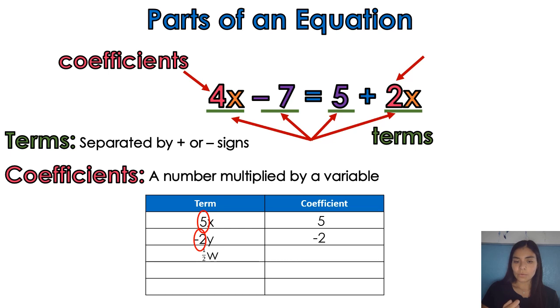What about 1/2 w? What is the coefficient? Well, we're taking w and we're going to be multiplying by that number 1/2. So the coefficient is 1/2. What about the term x? This one's a little different. Usually we see a number that's in front of the variable, but here I don't see any number.